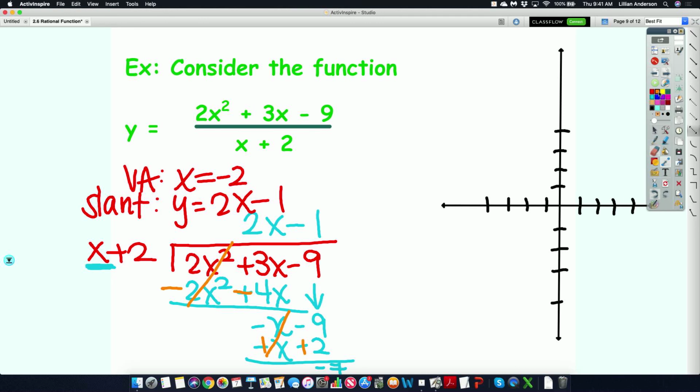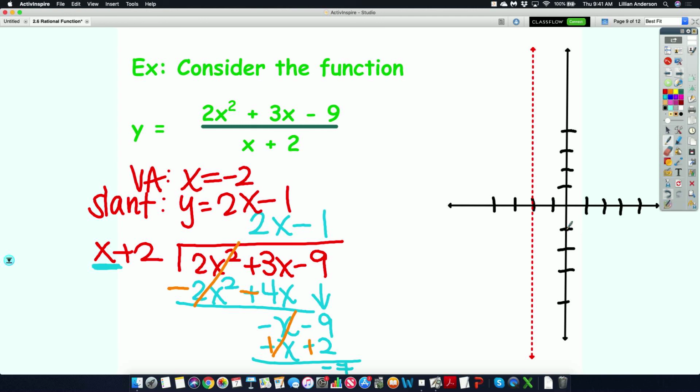So I'm going to go ahead and put in what I have so far. I have a vertical asymptote at negative 2. And now I have a slant asymptote at 2x minus 1. As you guys described, I start at negative 1. Then I go from here up 2 over 1. Up 2 over 1. I wish I had a grid.